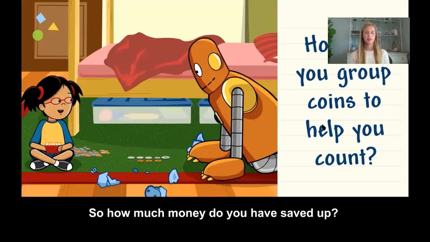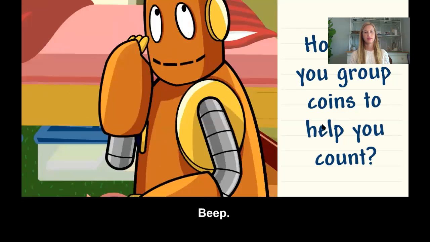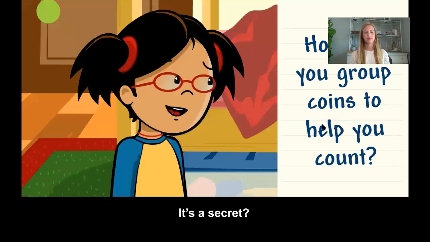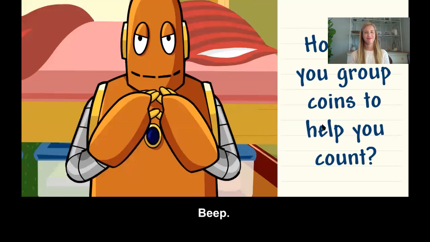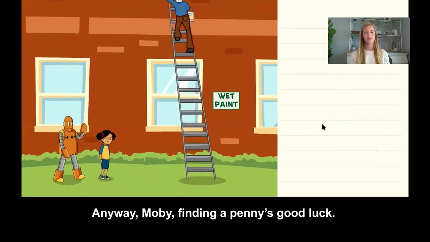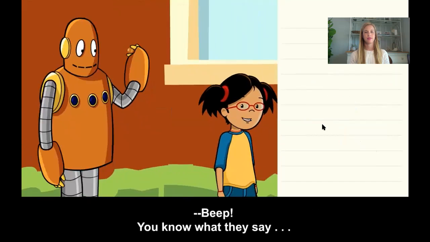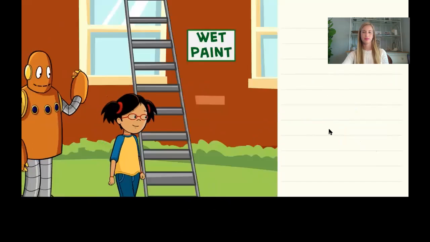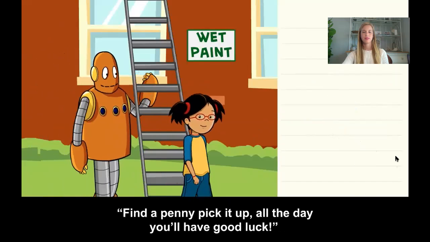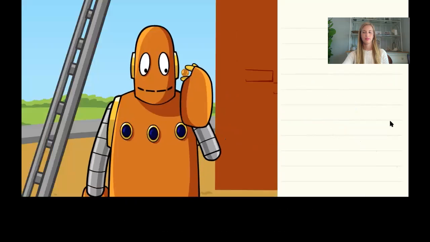So, how much money do you have saved up? It's a secret? Anyway, Moby, finding a penny's good luck. You know what they say. Find a penny, pick it up, all the day you'll have good luck.